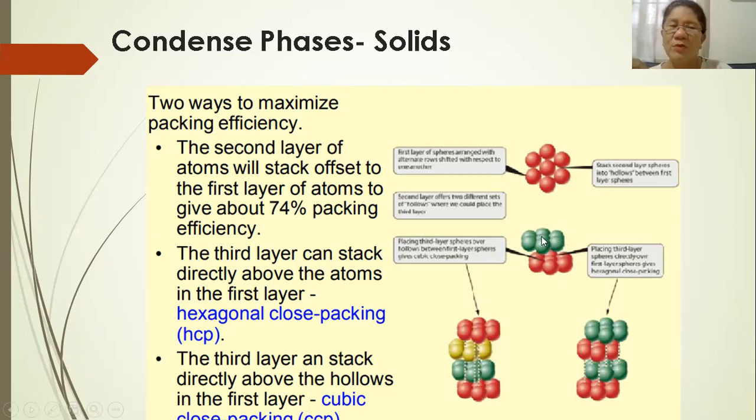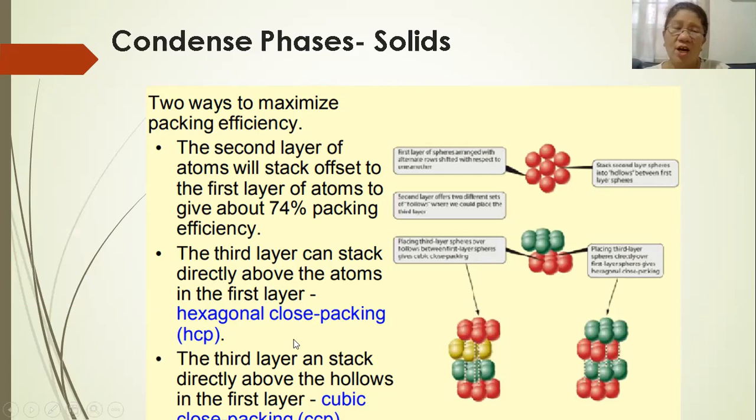When you place it, it should offset the first layer, meaning the empty space in the first layer should be covered, those gaps. So the third layer should directly stack above the atoms in the first layer.